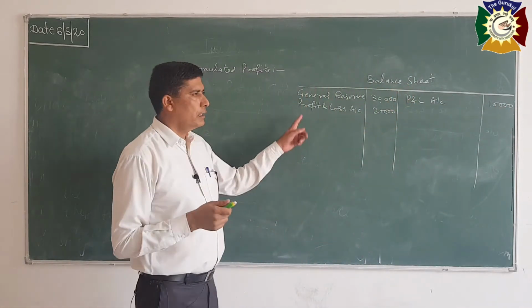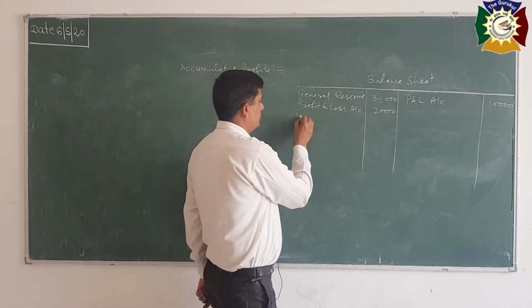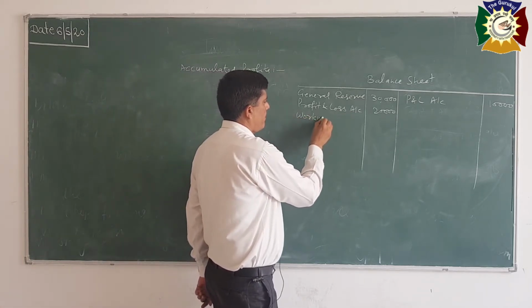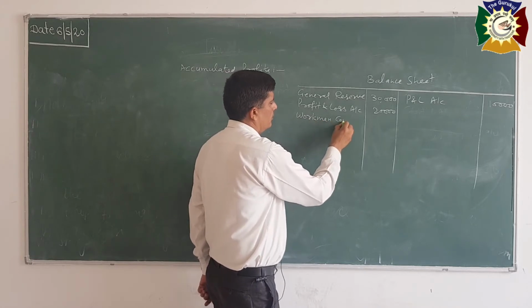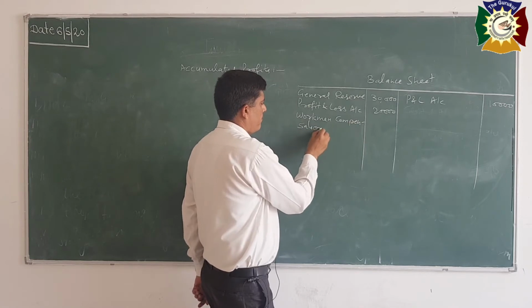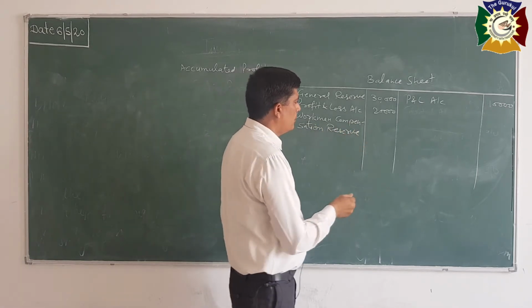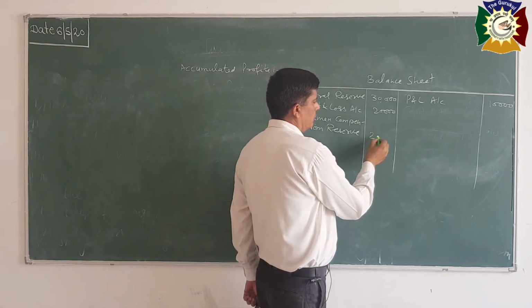There may be other undistributed profits like workman compensation reserve. Let us suppose it is 20,000 or 25,000.